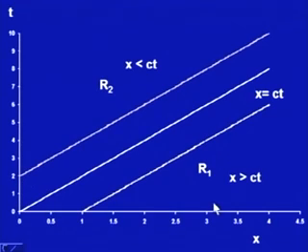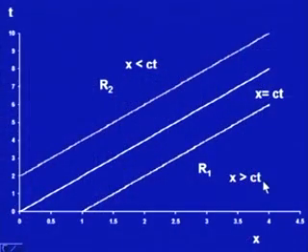So, what we are getting is that my solution would be decided by both the boundary condition as well as the initial condition. The boundary condition we would be using in the region where x minus c t is negative, and we are using the initial condition in the region where x minus c t is positive.